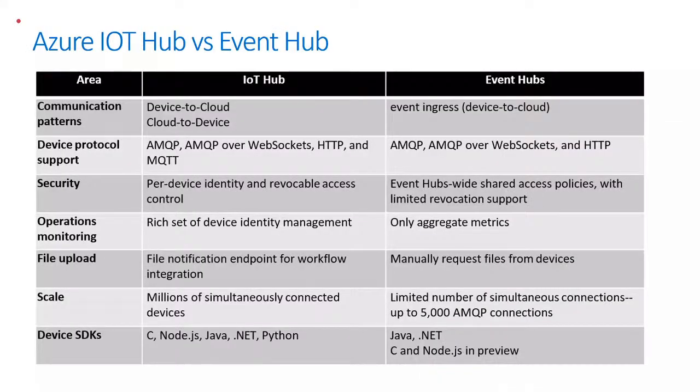So if you are working on an IoT project, basically on Azure or using a cloud service, you must have heard of another term, Azure Event Hub. We do have a similar service provided by Azure named Event Hub, which is quite similar, but IoT Hub is far better than Event Hub.